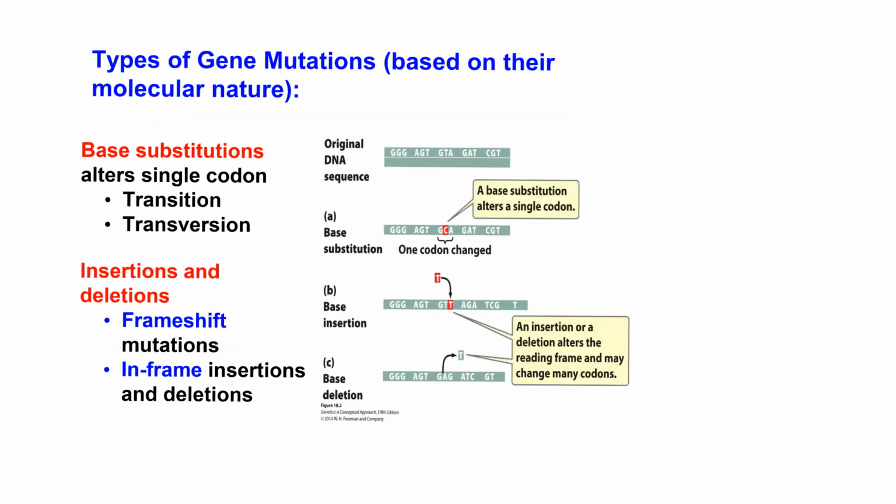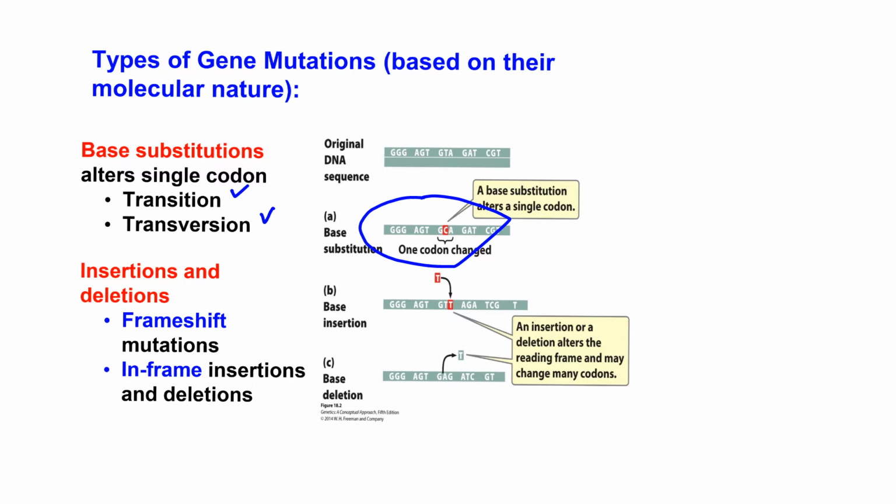So the simplest type of gene mutation is a base substitution. It's outlined right here. If you substitute one nucleotide for another, you will affect one codon. So one codon will be changed. What does it mean? In a polypeptide, one amino acid might be changed or replaced by another. A base substitution, which alters a single codon, may happen via transition or transversion.